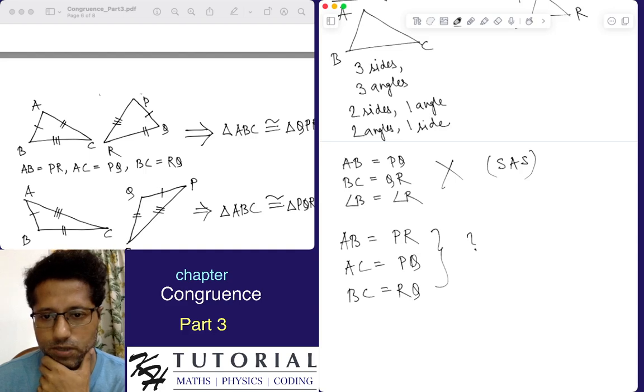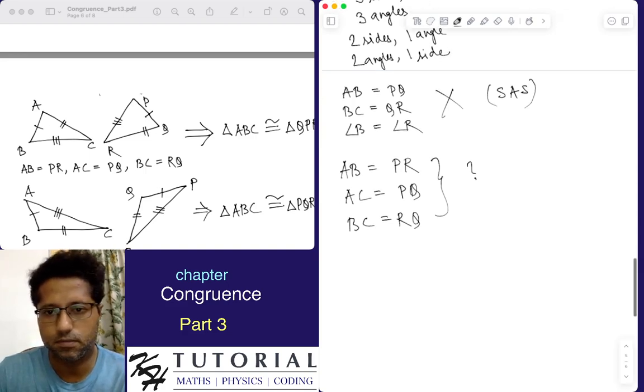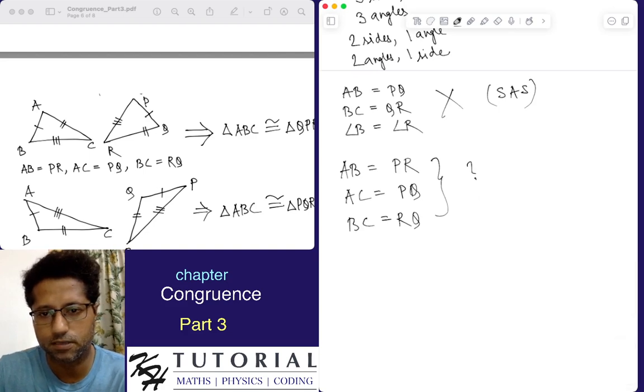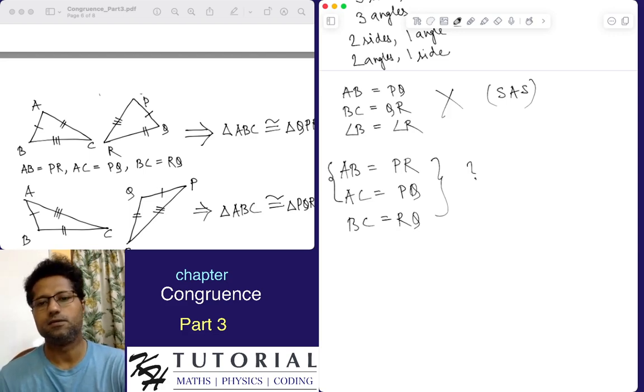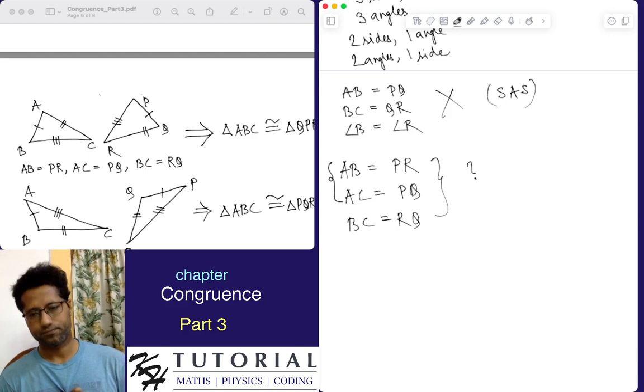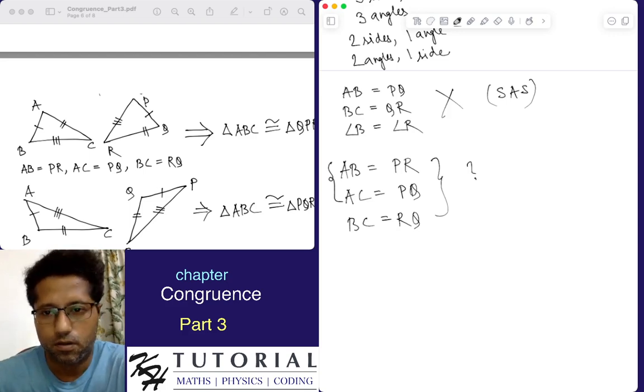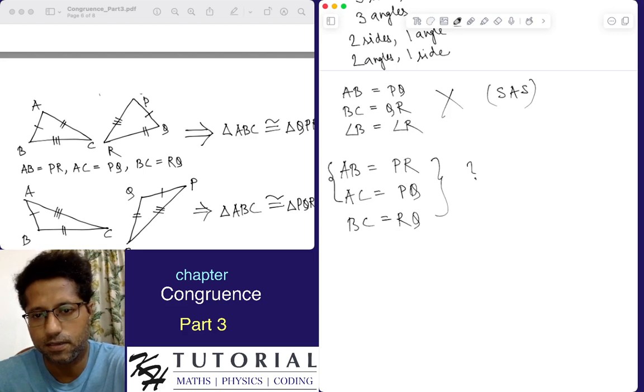Let's consider these two. It is given that AB is equal to PR and AC is equal to PQ. I will consider two equalities at a time.